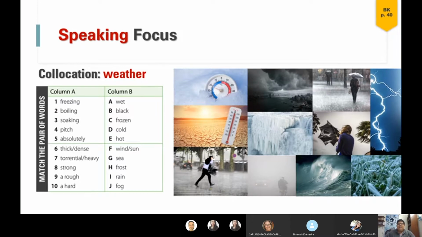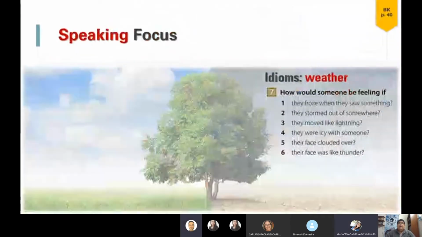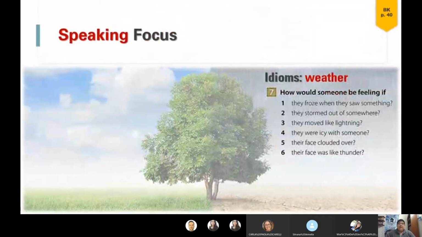Instead of saying wet, I can say it's soaking wet, or instead of saying frozen, absolutely frozen. So these are the words that we use to combine to refer to this kind of weather and to make it stronger, yes? And now we have a list of idioms related to weather.